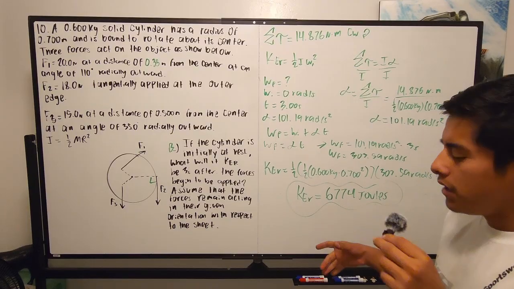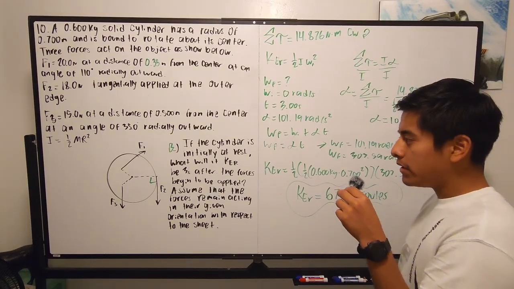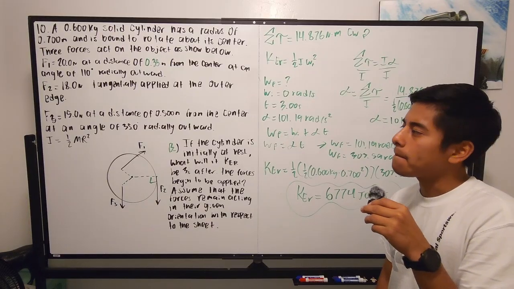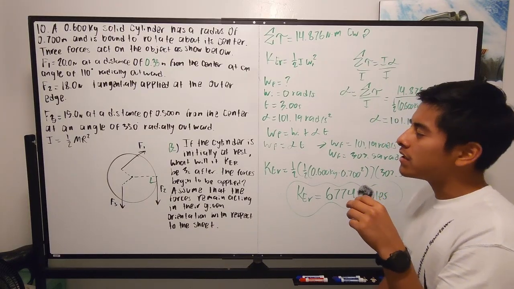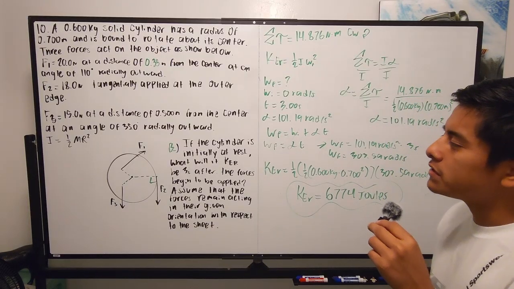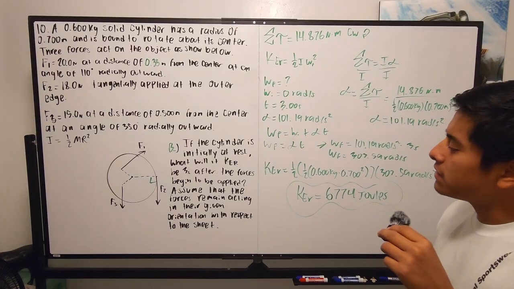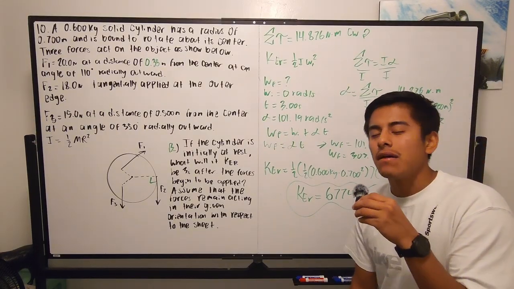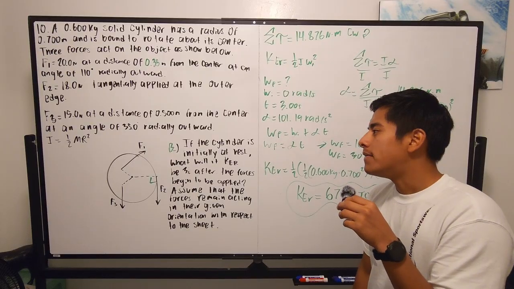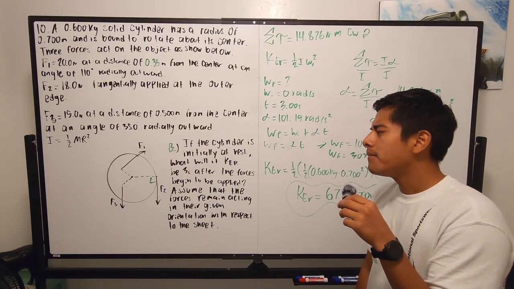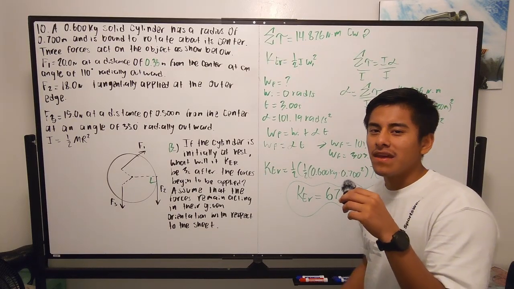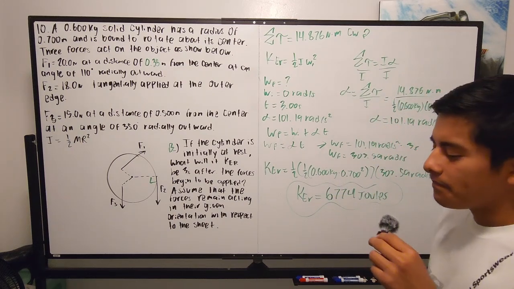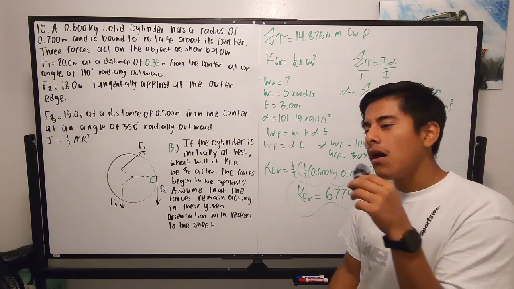We did not cover momentum, collisions, resistive forces, or fluid mechanics, but I cannot guarantee that those will not show up on the exam. So please do not watch my video thinking that it's all you need, because there might be some questions on some of those topics on the exam.